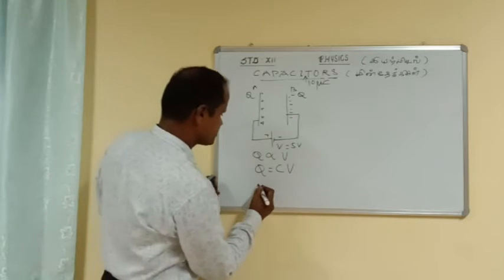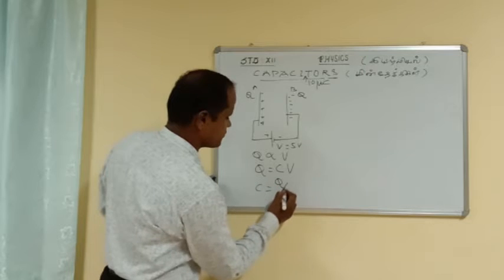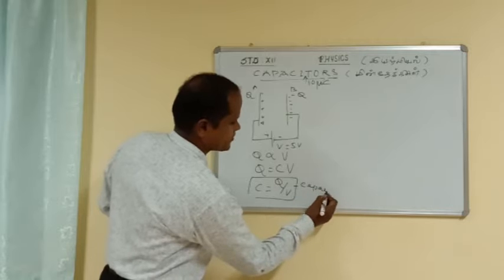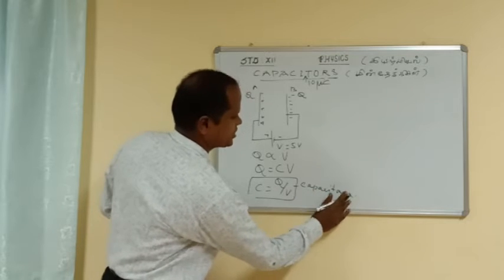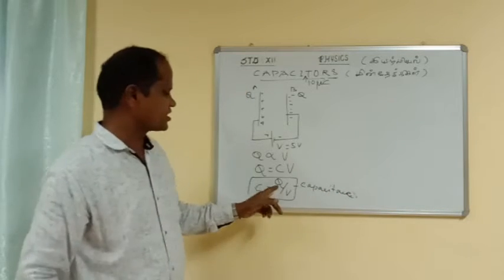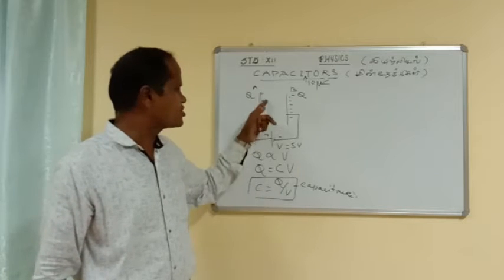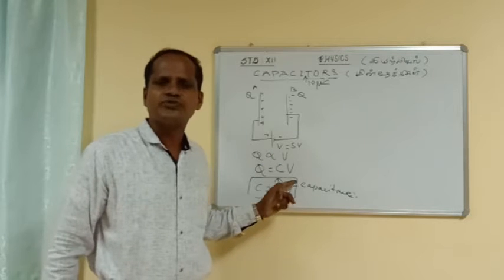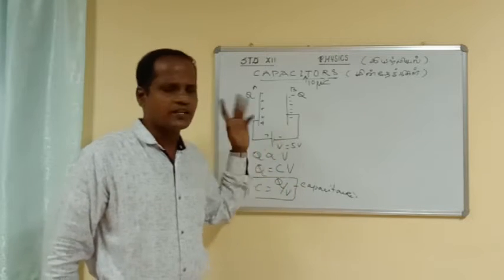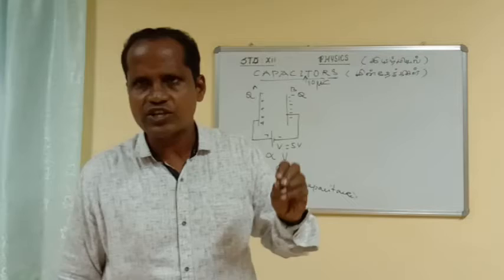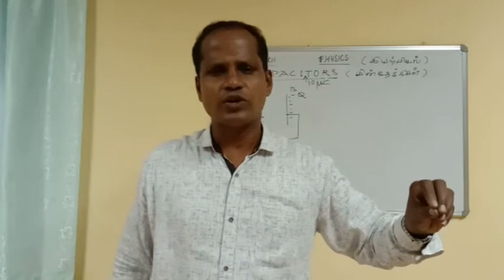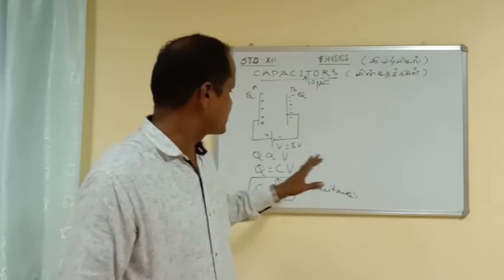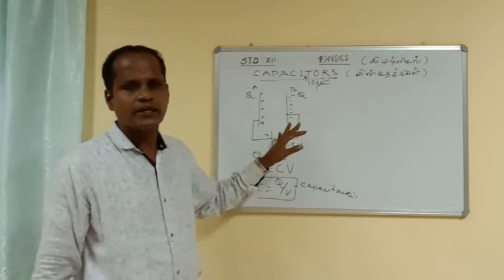So C is equal to Q by V. This capacitance is nothing but the ratio of the charge developed in one of the plates and the potential difference between the plates. It is defined as the ratio of the charge given to one of the plates to the potential difference across the plates. So this is the definition for the capacitance of a capacitor.